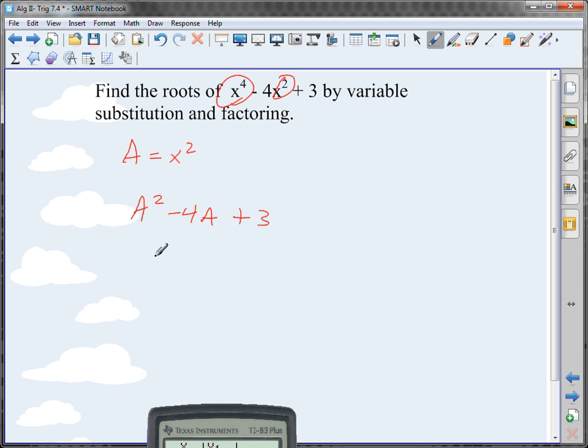Now I'm going to try to factor this. How can I get an a squared, and how can I get a 3? A, and the only way is a 1 and a 3. The signs both have to be same, so they both have to be negative. So I actually have a equals 3 and a equals 1.